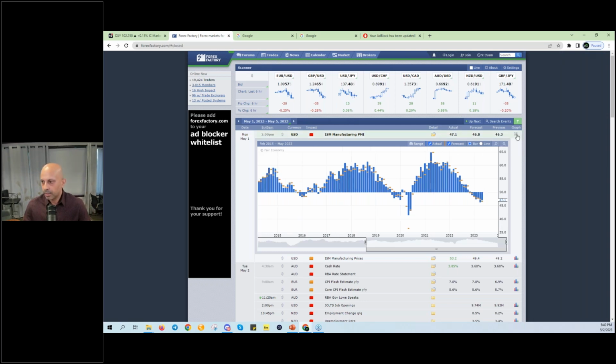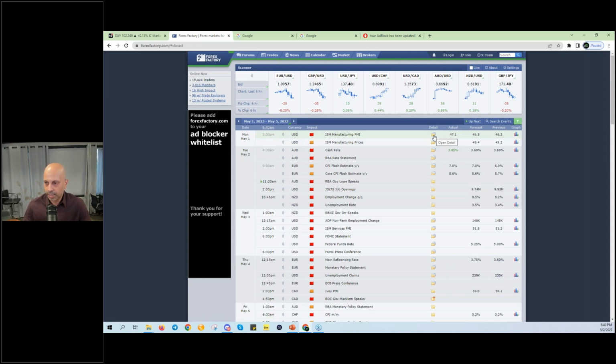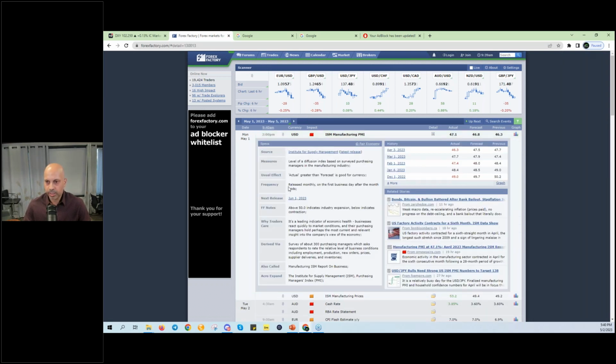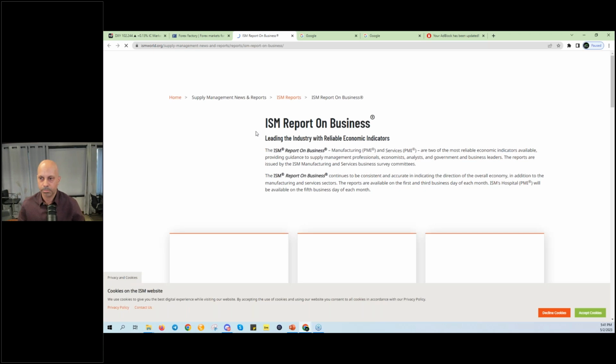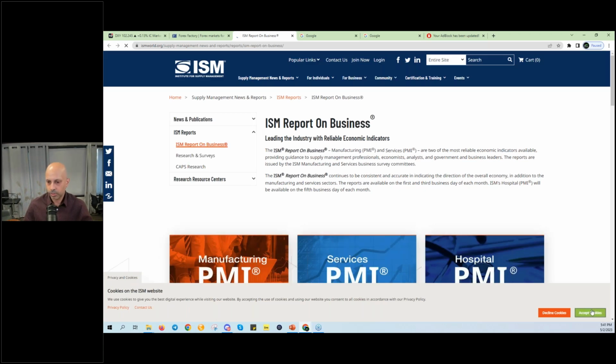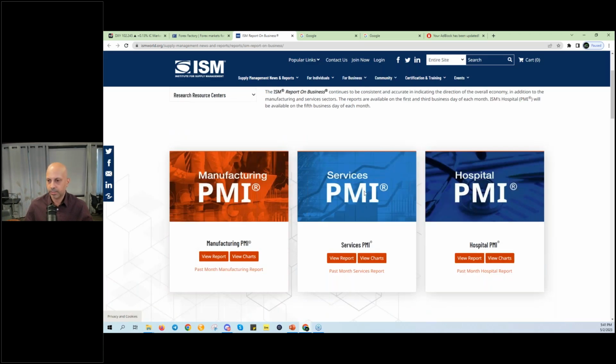If you click on the folder icon, it gives you the details. ISM stands for Institute for Supply Management, and it also gives you the link for the actual source. If you click on latest release, it will take you to the ISM homepage, and they'll have the manufacturing, services and hospitality PMI. What we generally want to look at is manufacturing and services data.